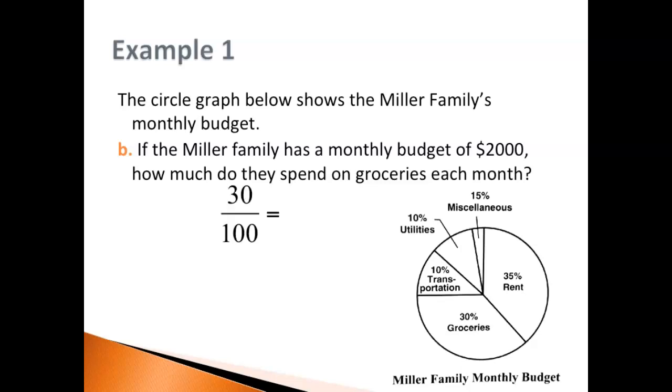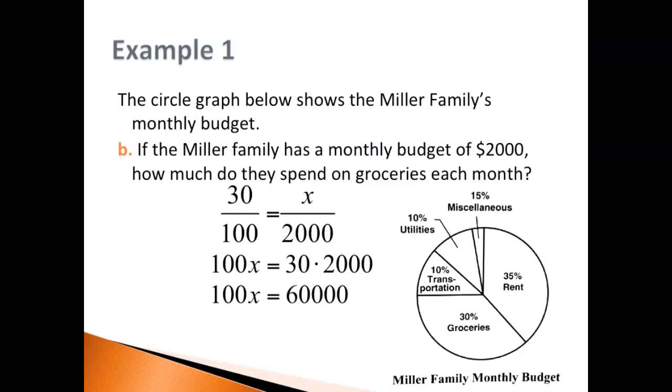And we know that the total budget is $2,000, and we want to know how much they actually spend on groceries, so x over 2,000. Now we can cross multiply, so 100 times x equals 30 times 2,000, which is 100x equals 60,000. Divide both sides by 100, and we get that x is equal to 600. So they spend $600 on groceries each month.